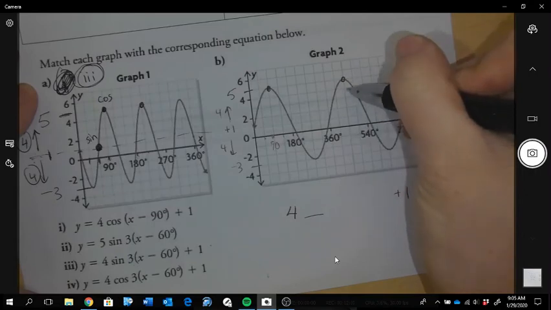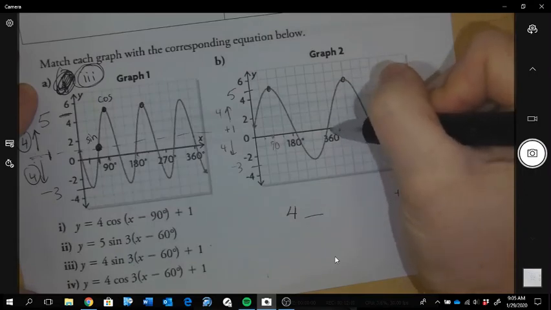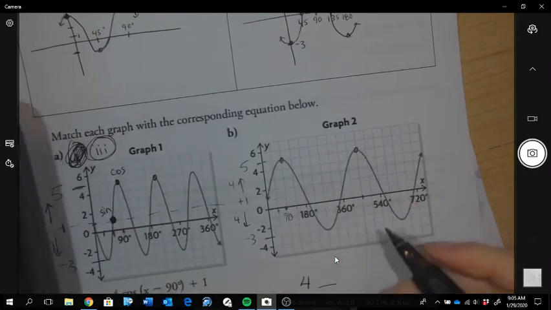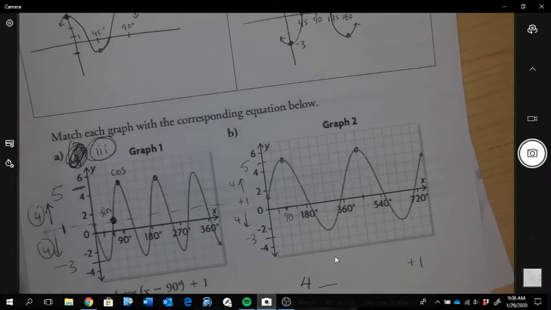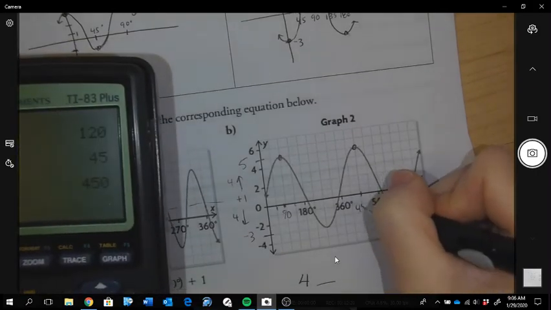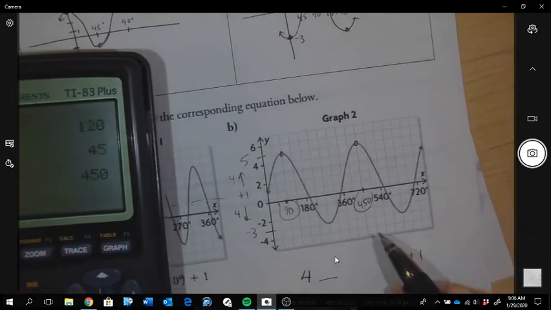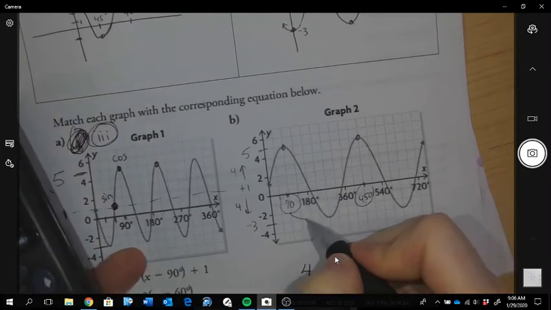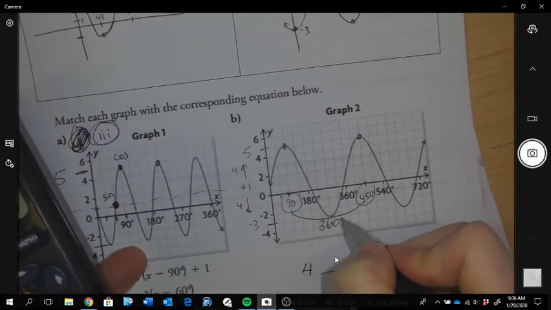And 360. So we're going up by 45s. So this one is 450. Okay, so 450 minus 90. So this has a 360-degree cycle.